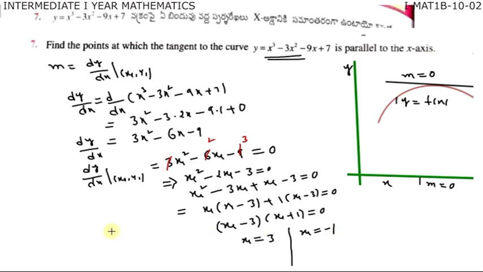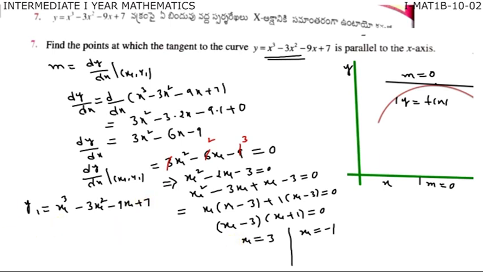Now to find y coordinate, this particular point lies on the tangent as well as the curve. So since point lies on the curve, I can substitute the point in this one, y1 is equal to x1 cube minus 3x1 square minus 9x1 plus 7.